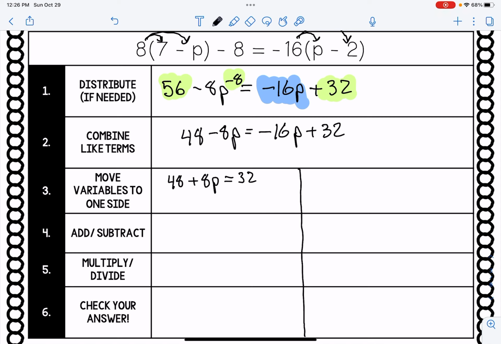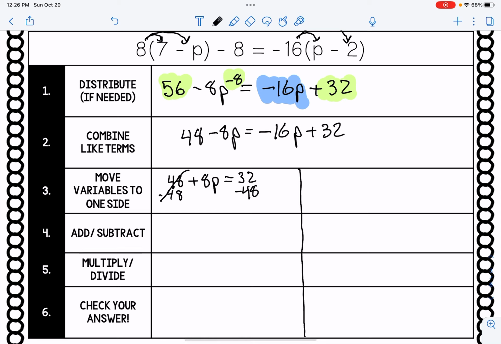Continuing on this way, now we just have a nice simple two-step equation here. We have 48 plus 8p equals 32. So we've been solving two steps for quite a while now. So we've got minus 48 to get that variable term by itself. I have to do the exact same thing on the other side, which is subtract 48, not 84.